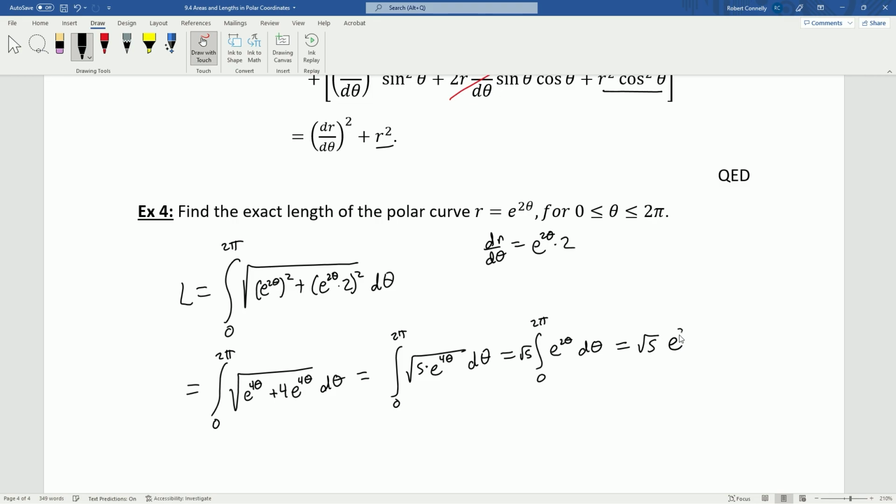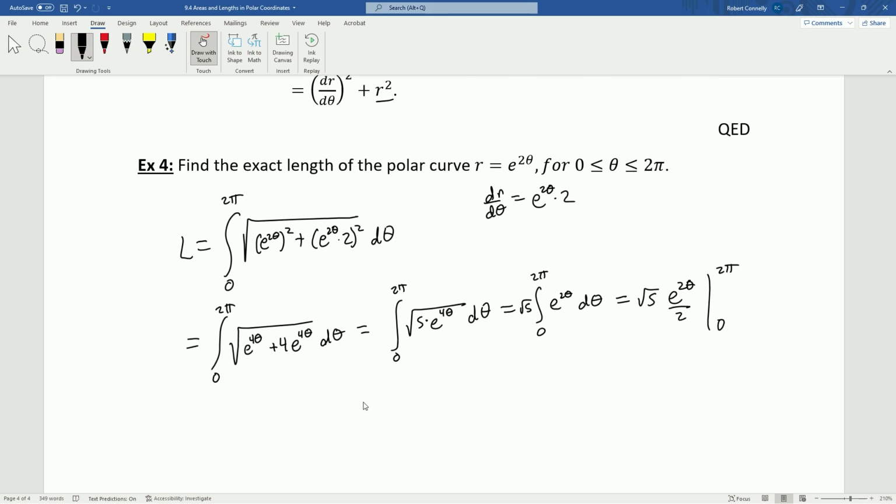And when we integrate that, we get e to the 2 theta over 2, and evaluate this from 0 to 2 pi. So this becomes the square root of 5 times e to the 4 pi, I meant to say, over 2, minus e to the 0 power over 2.